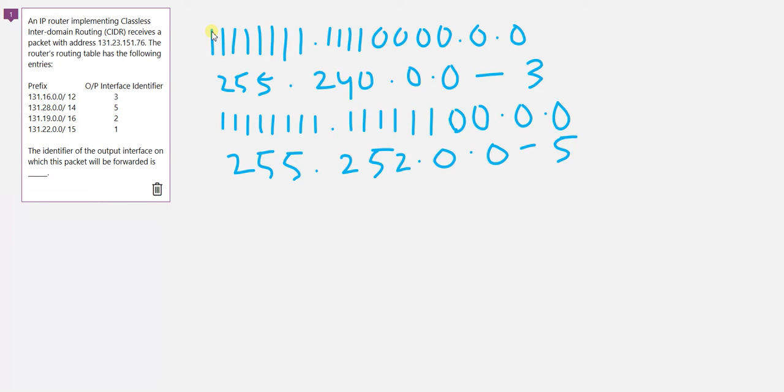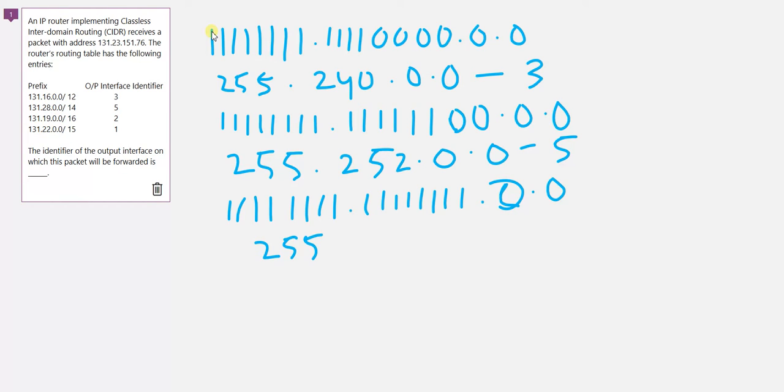The subnet mask for interface 2 has 16 network bits, so we replace all those network bits by 1: 255.255.0.0.